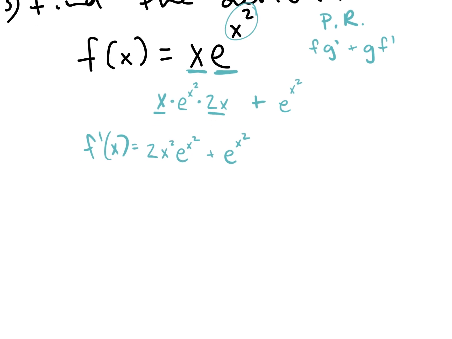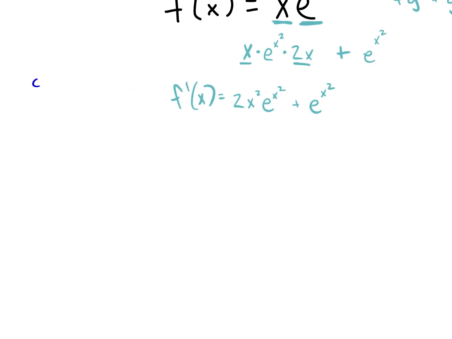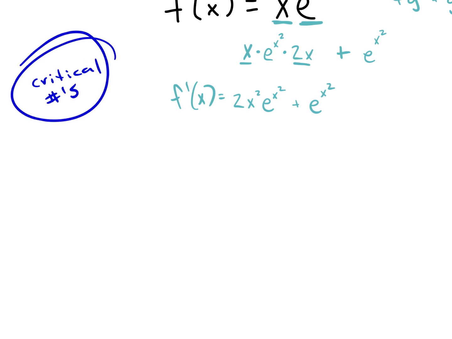Just for fun, let's say this question said to find our critical numbers. What would we have to do to find the critical numbers? Set it equal to 0. Perfect. We set our first derivative equal to 0.